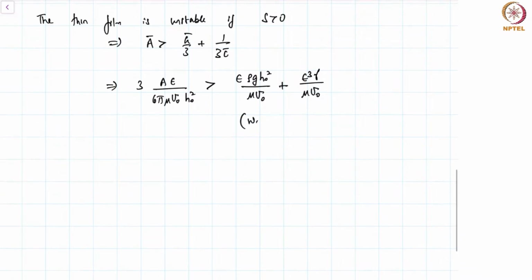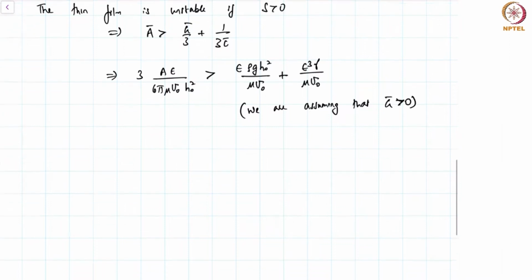We are assuming that G bar is greater than 0, which means that gravity is pointing downwards.